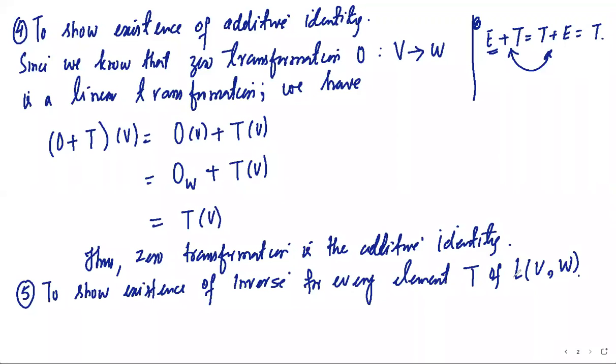Now what we will choose for T so that its sum with that element becomes 0.